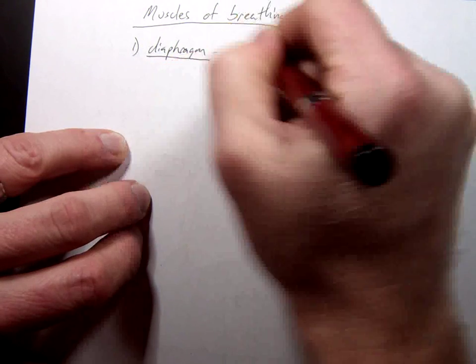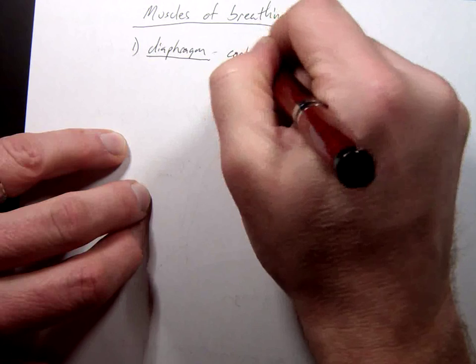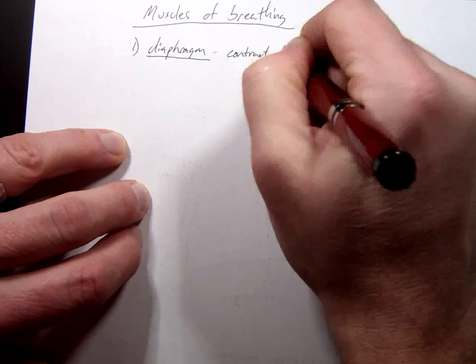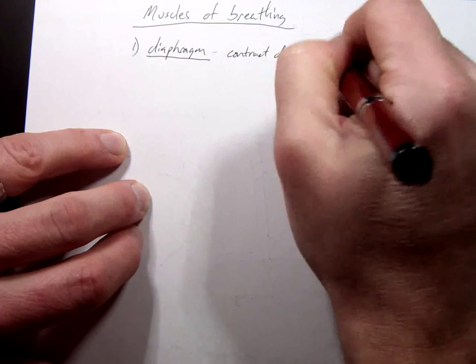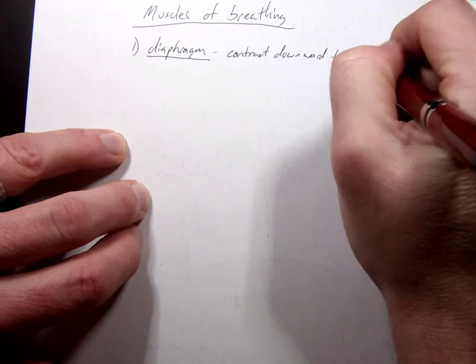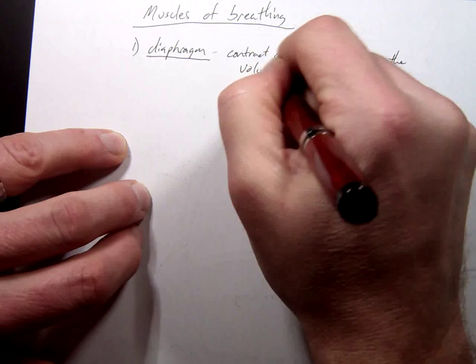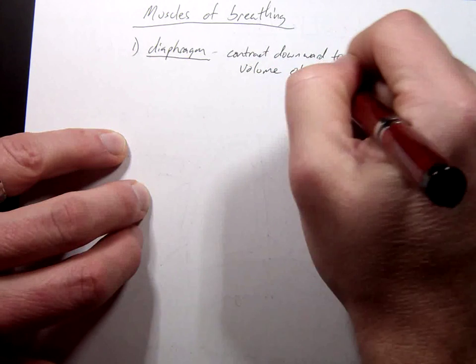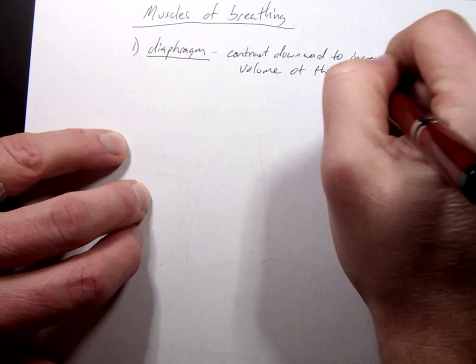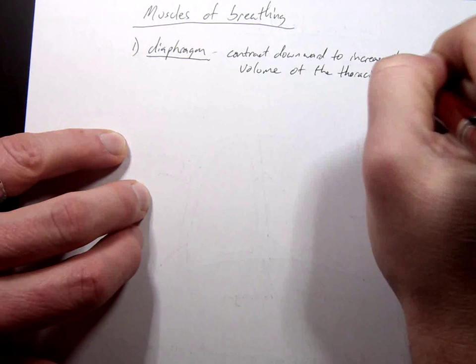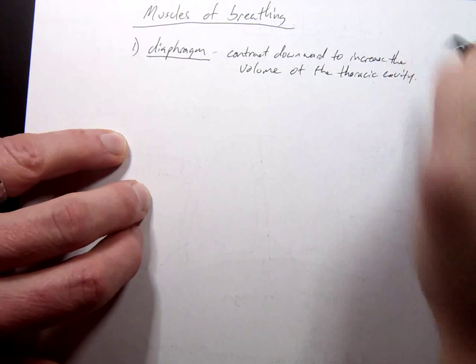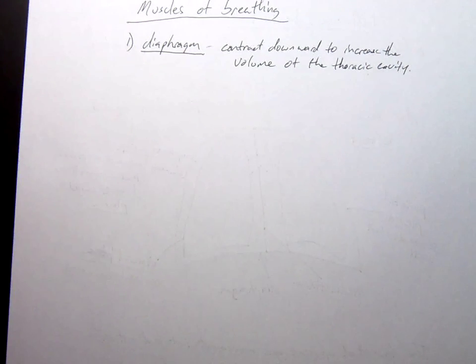Diaphragm will contract downward to increase the volume of the thoracic cavity. That's what it's doing. When it contracts, it pulls downward, and it increases the thoracic cavity volume.